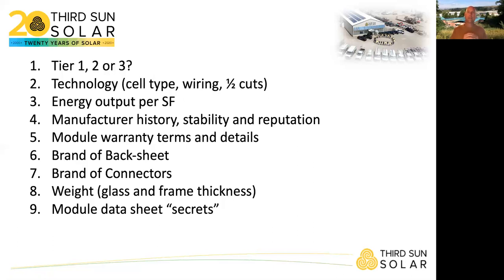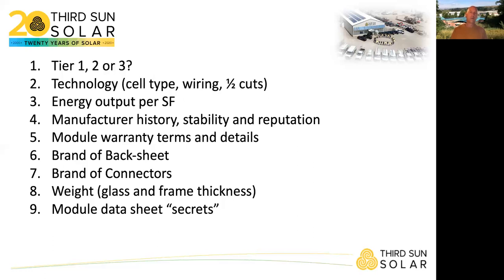Most of the modules are roughly the same size, but one module might be a 400 watt module, and that same size module from another company or from an older version from the same company might be 300 watts. So the year that your module is made greatly impacts the output. And so somebody might say, oh, we've got a 26 module system for you that's less expensive than their 26 module system. Well, apples and apples, you need to compare the kilowatts of the system, not just the number of modules.